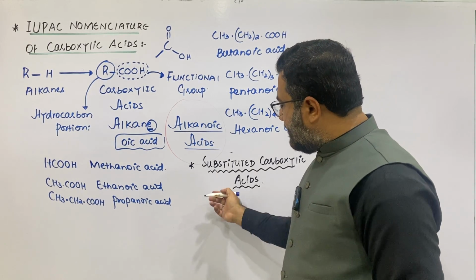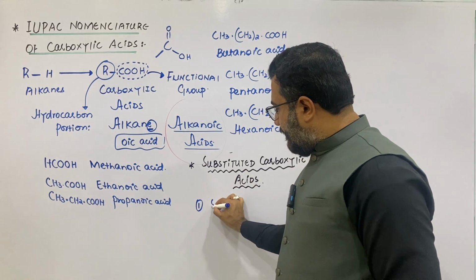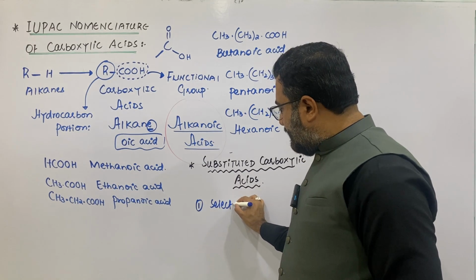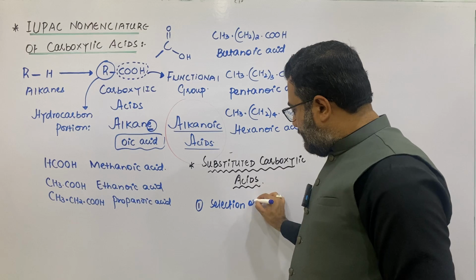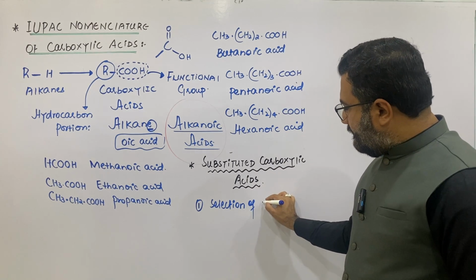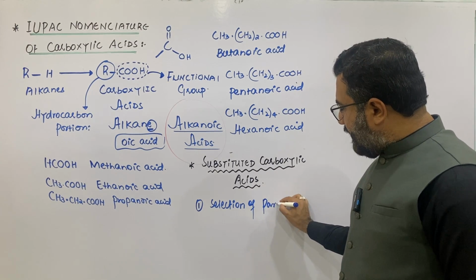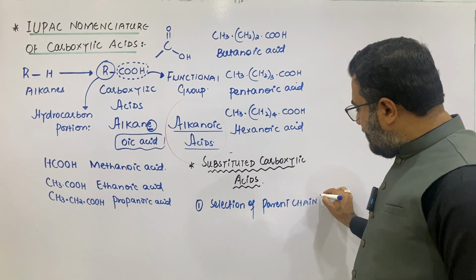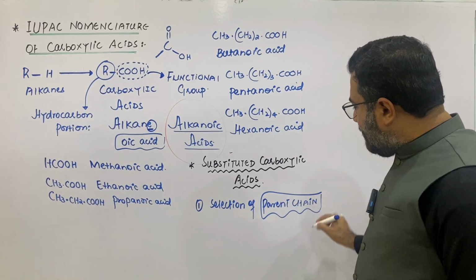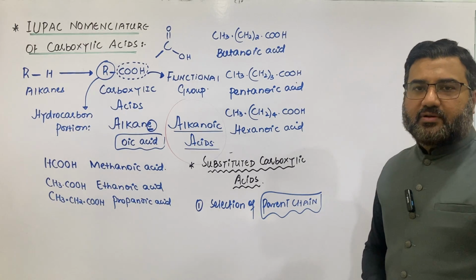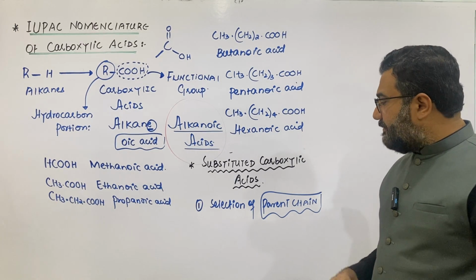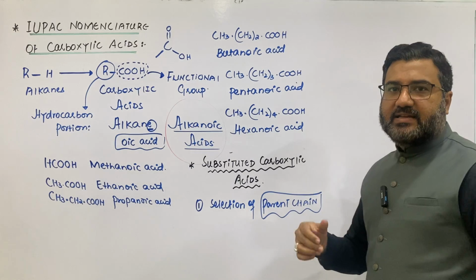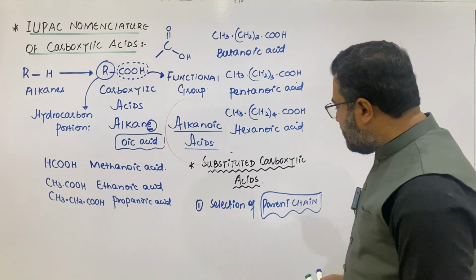The first one is selection of the parent chain. Parent chain means the longest chain of carbon atoms with the maximum number of substituents. That is called the main chain. It is also called the skeletal chain or parent chain.